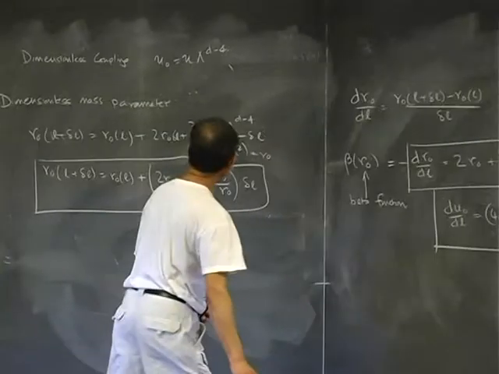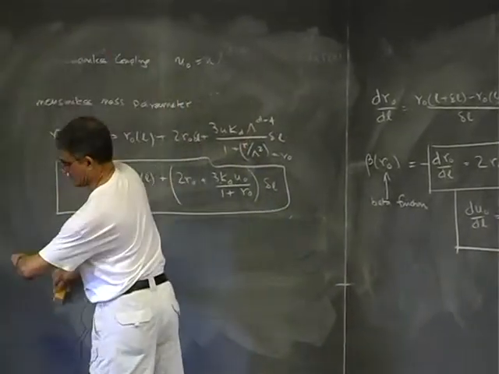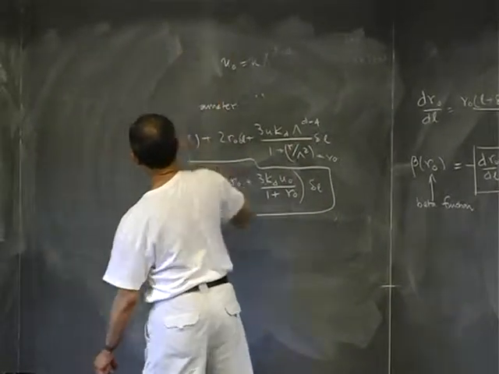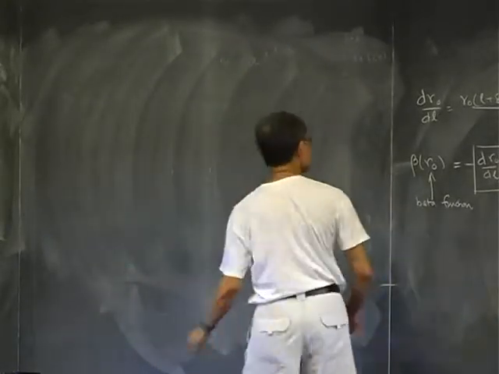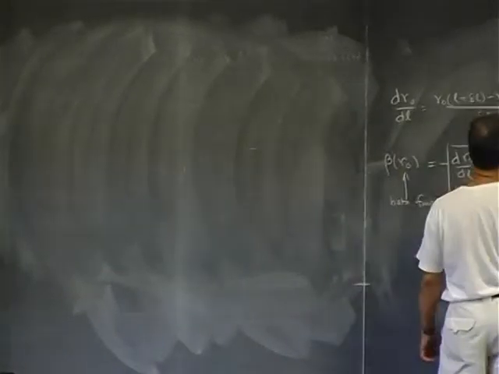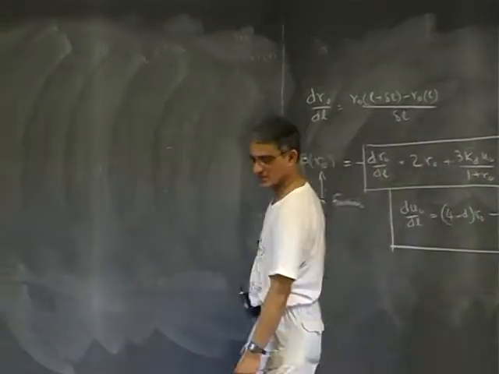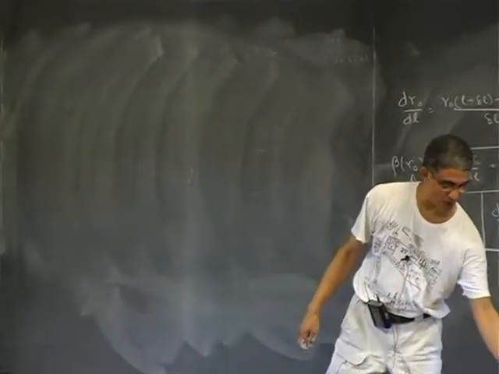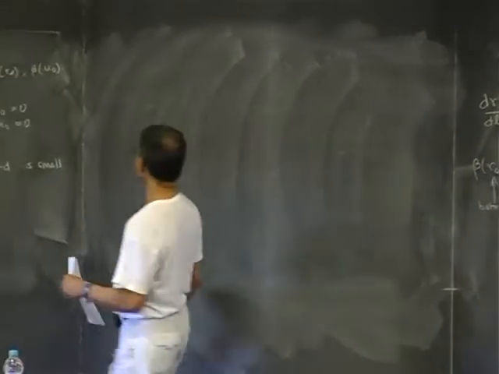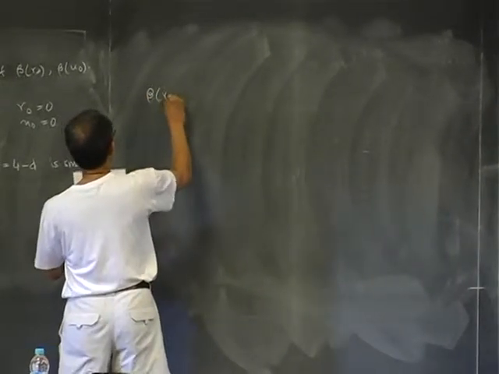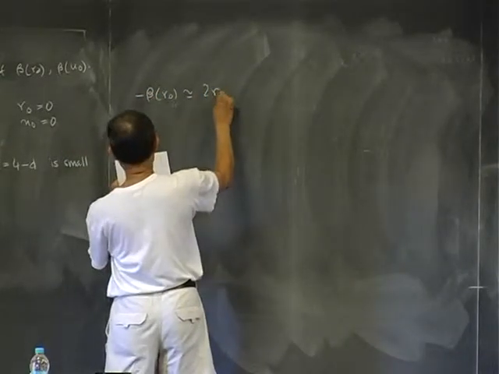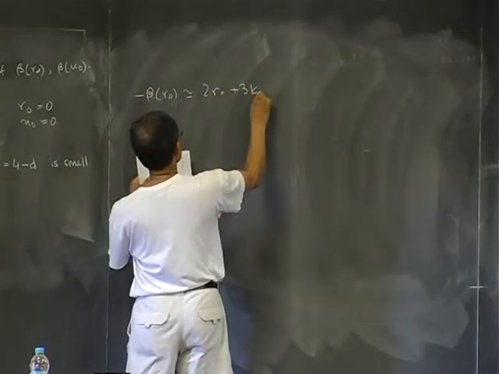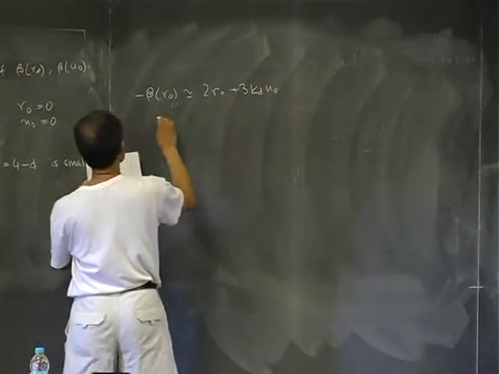So in this approximation you can neglect, since R naught is small, these denominators, which can be replaced by just basically 1. So the beta of R naught is given by 2 R naught plus 3 kd U naught.